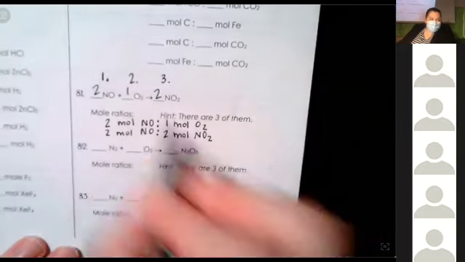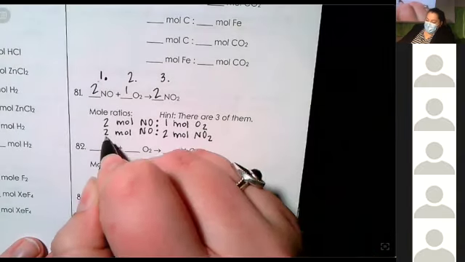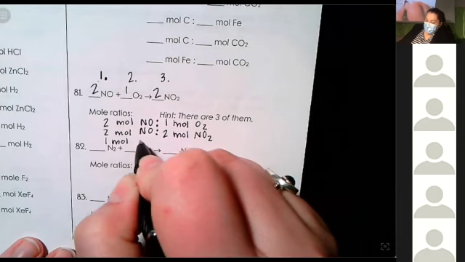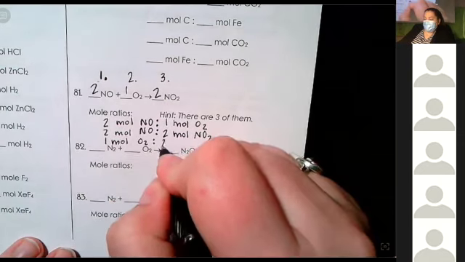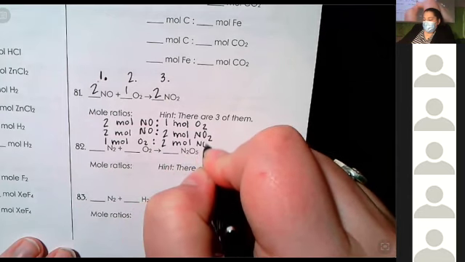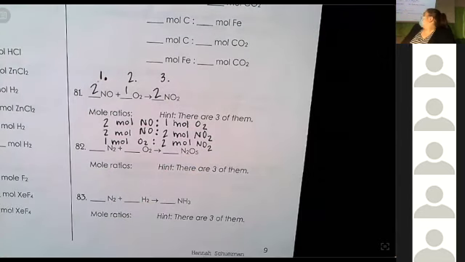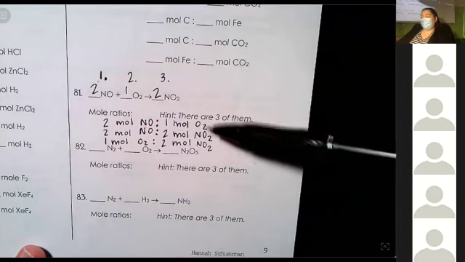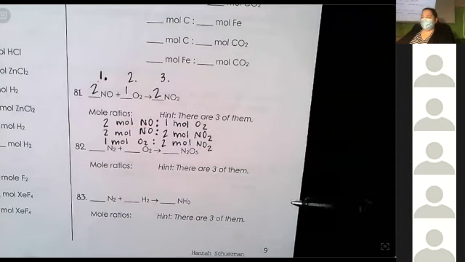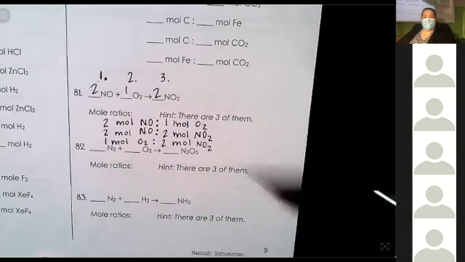So I'll start with 2, whatever. 1 mole of O2 for every 2 moles of NO2. And that would be how we write our mole ratios. It's not very challenging when they're listed out for you like this. It's this part that I think gets some people. But honestly, as long as you're comparing the 3, you'll get it all.